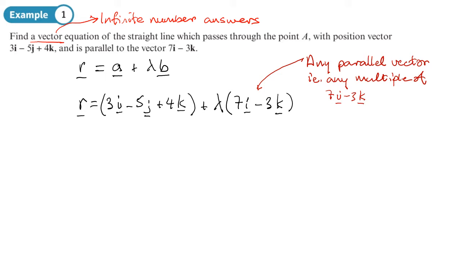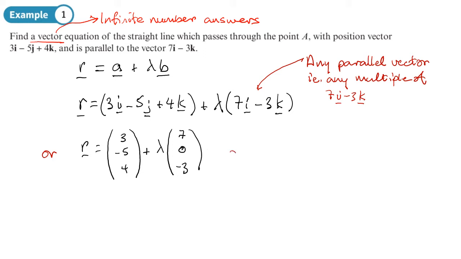I may prefer to write my answer as a column vector. So I may prefer to write it like this: 3, negative 5, 4, plus lambda times 7, 0 because there's no j, negative 3.